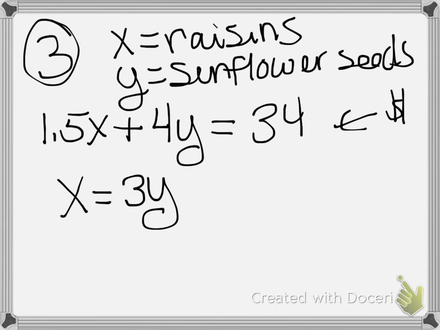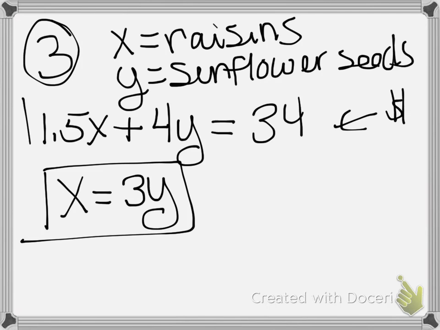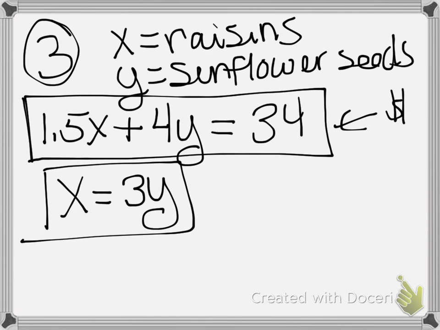So now that we have our 2 equations here, and again, the first one was standard form, the second one was just a translation, you want to solve this system with substitution. And since it says x equals 3y, you can replace x in the above equation with all of 3y. So 1.5 times 3y plus 4y is equal to 34.